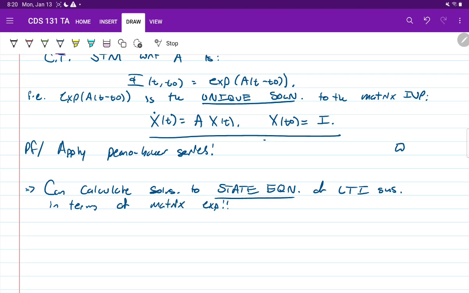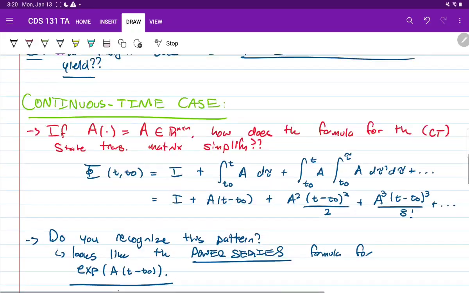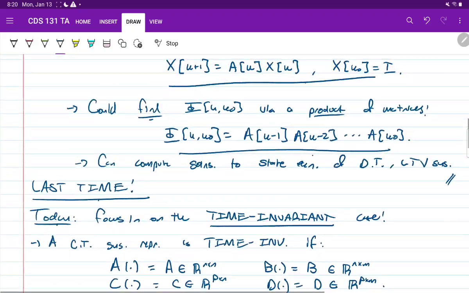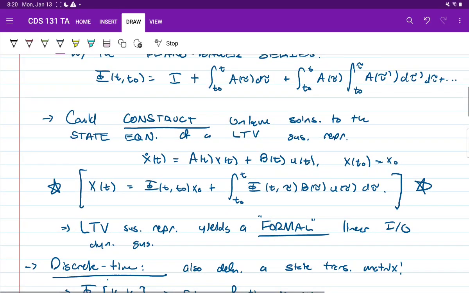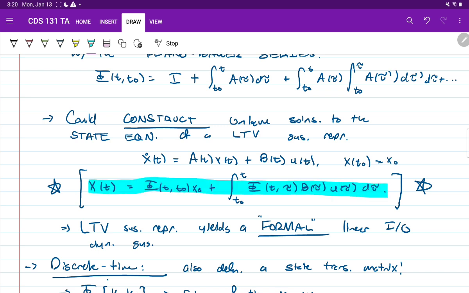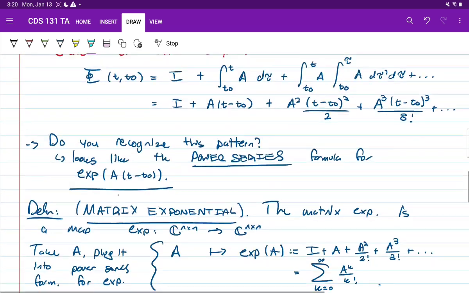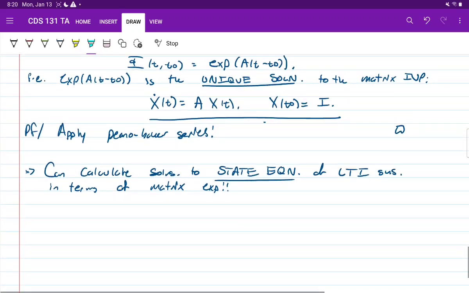If I refer to these formulas from up here, where did I put them? Here it is. If I take this formula up here, every time I see this black box phi of t, t naught, I can just replace it with a matrix exponential, exp of A of (t minus t naught). I'll do that right now just so you can see what it looks like.